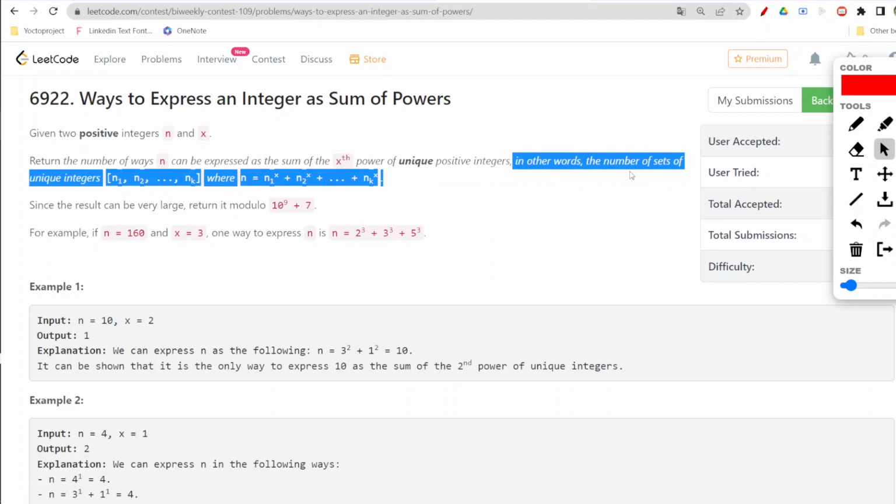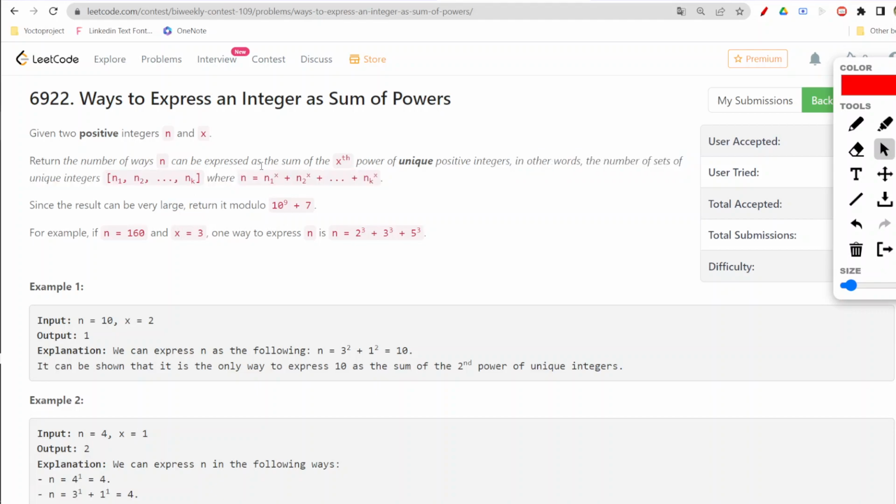In other words, the number of sets of unique integers n1, n2, up to nk, for some k, where n equals n1 raised to power x plus n2 raised to power x plus up to nk raised to power x.